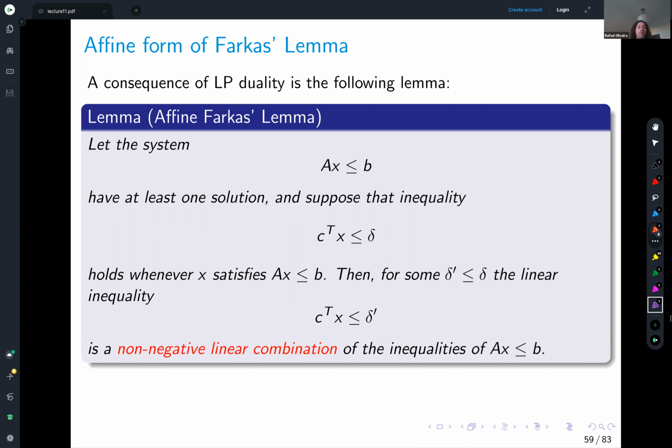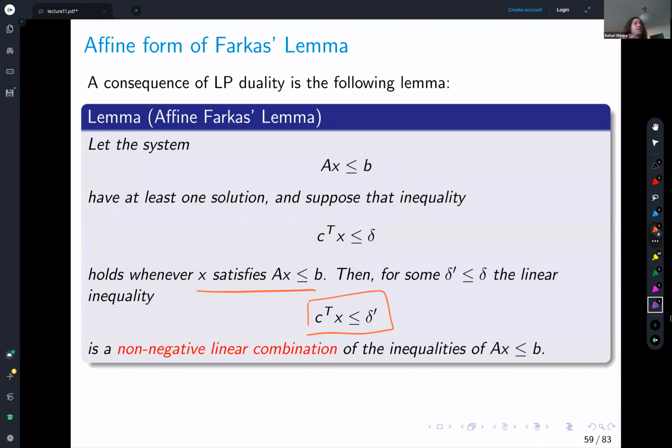Suppose we have a system AX less than or equal to B, and the system has at least one solution, and suppose that we have an inequality, C transpose X less than or equal to delta, that holds whenever X satisfies AX less than or equal to B. Then the affine Farkas lemma says that there exists some delta prime less than or equal to delta, such that the inequality C transpose X less than or equal to delta prime is a non-negative linear combination of the inequalities of AX less than or equal to B. Does that make sense?